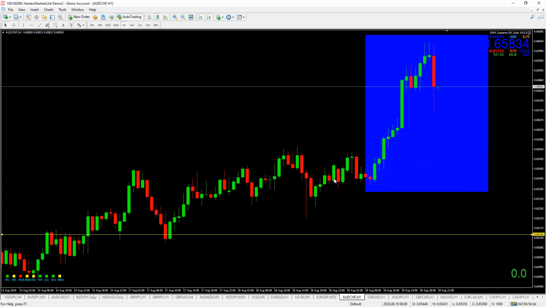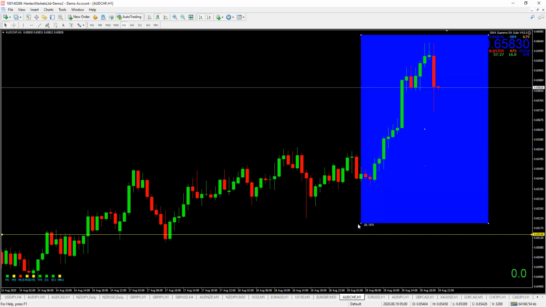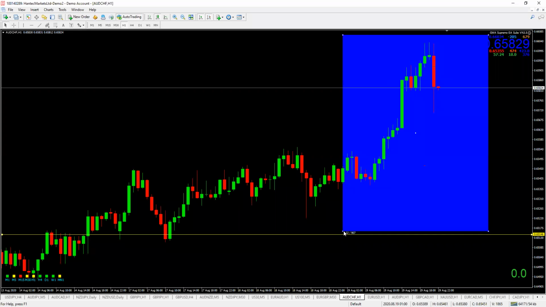This is basically what you can see. Perhaps this is a candle you can see, or this candle. And you see that there was a high here.